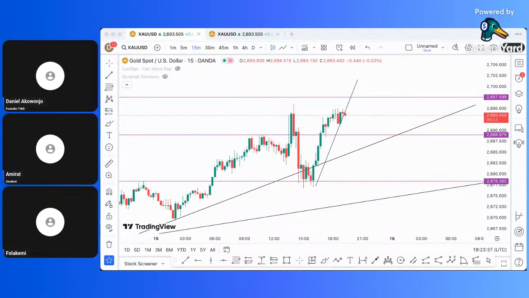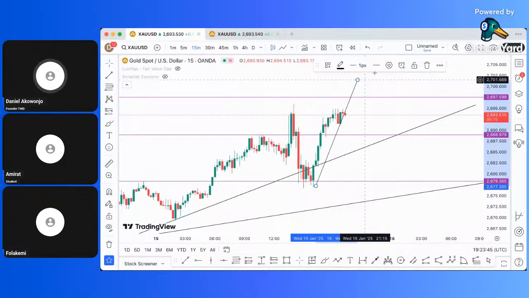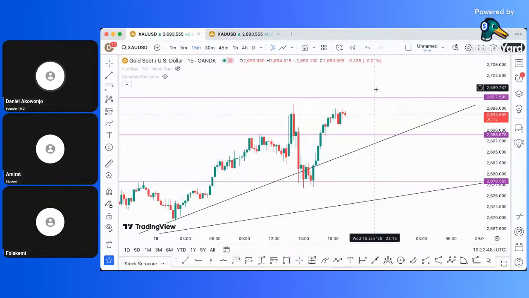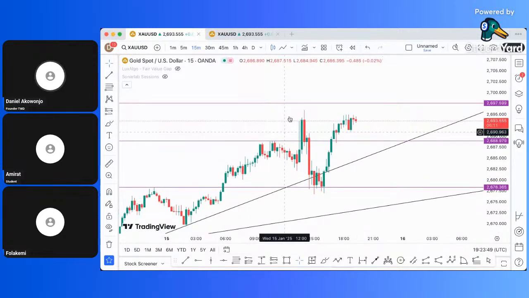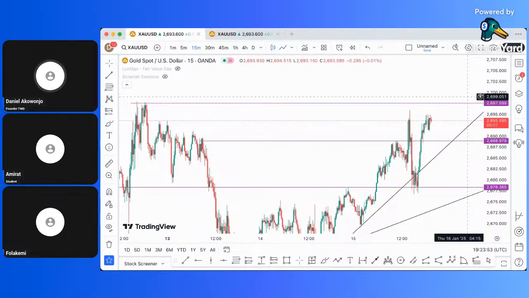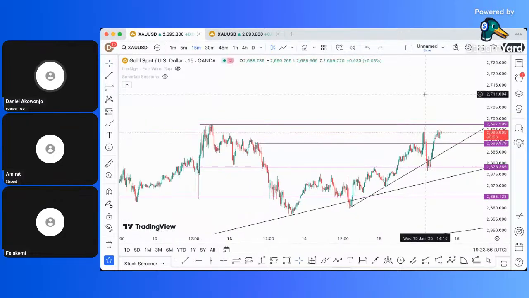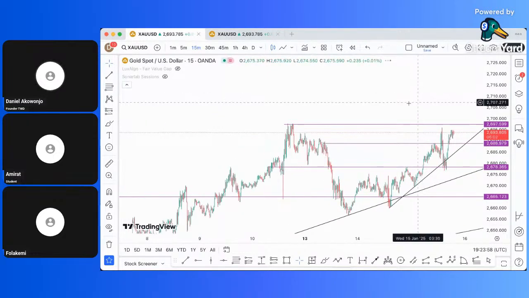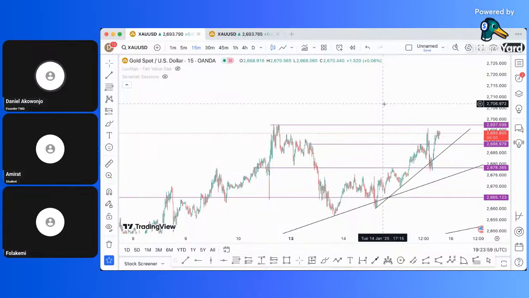So right now, we can't take the entry based off of that trend line, but we don't need that right now. We need a significant low, a very significant low after the taking out of this high. We need a significant low to form on our trend line and our major support or resistance zone before we take our entry.